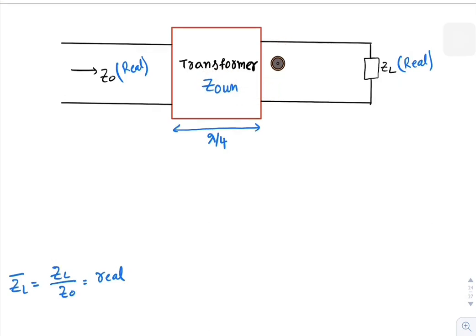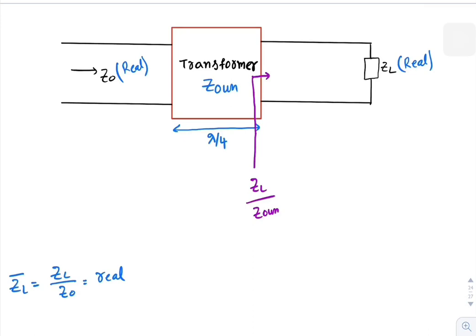Since the load is connected at the output terminal of this transformer, the normalized impedance at this point is ZL by Z0 unknown. And you know, on a transmission line, for every lambda by 4 distance, the normalized impedance inverts itself.